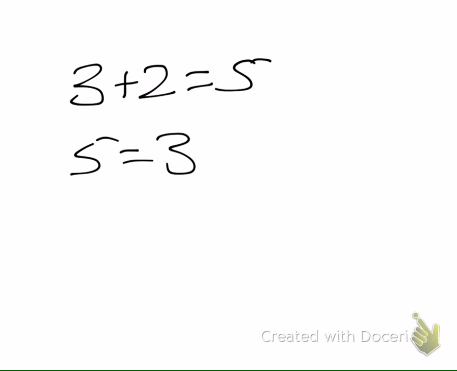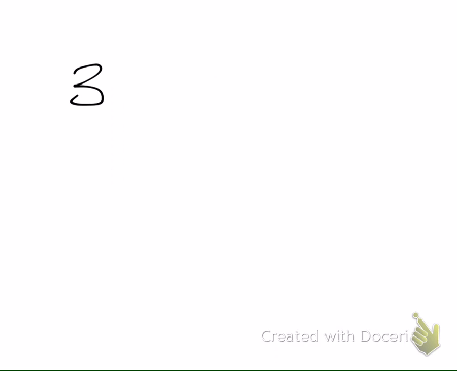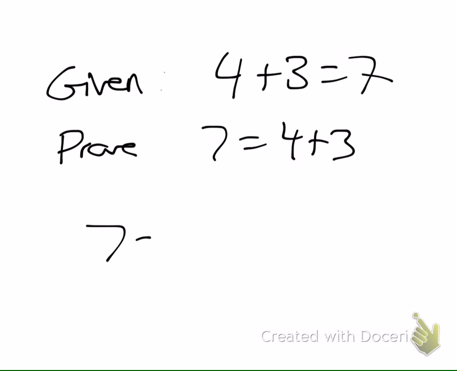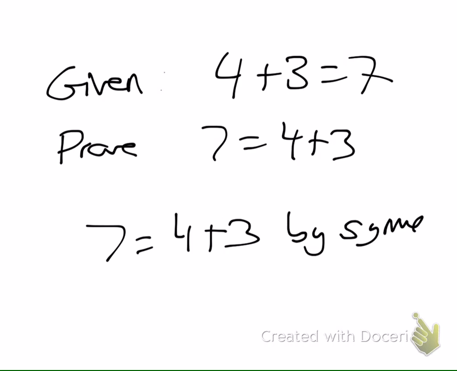So if I told you you're given that 4 plus 3 equals 7, prove that 7 equals 4 plus 3, you could say 7 equals 4 plus 3 by the symmetric property, because it says you can switch what's on each side of the equal sign.